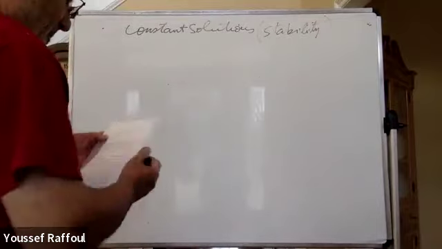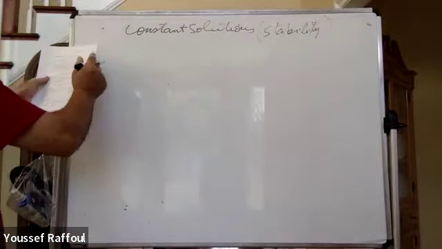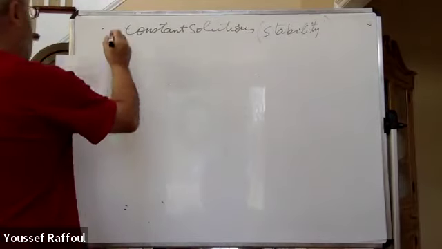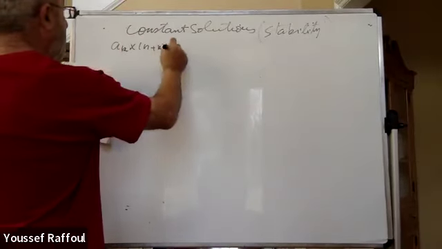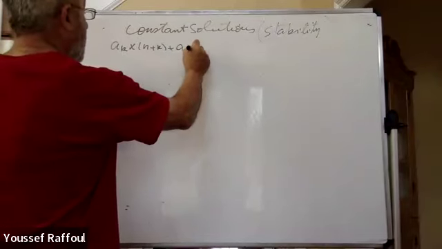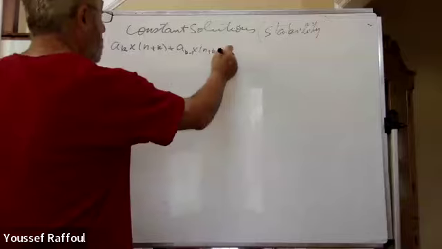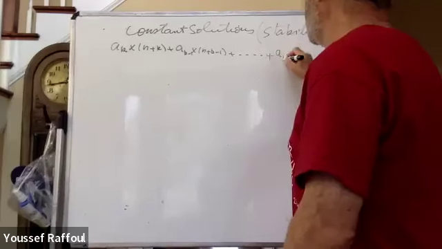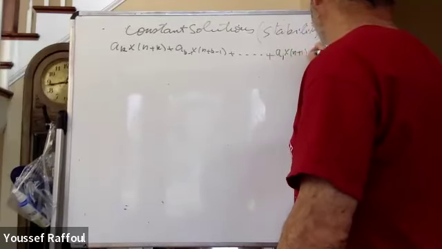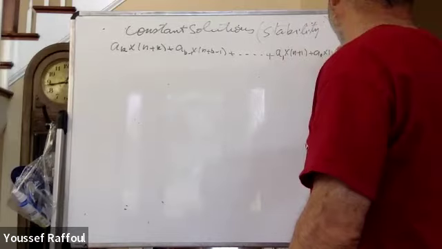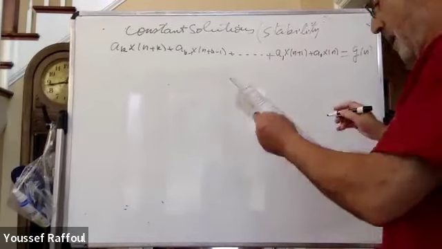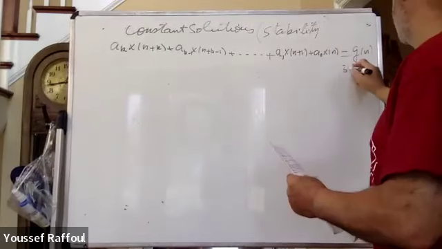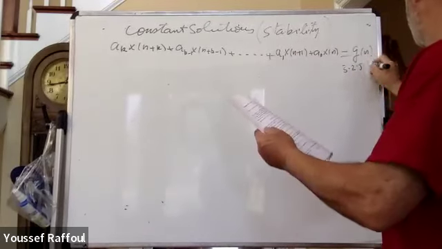So basically, we're gonna consider A_k x_{n+k} + A_{k-1} x_{n+k-1} + ... + A_1 x_{n+1} + A_0 x_n = G_n. And we're gonna name this one 5.2.5.